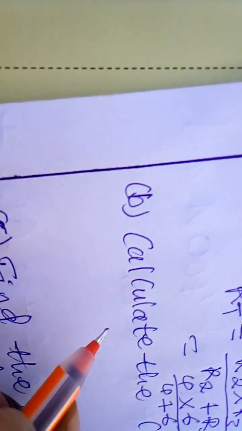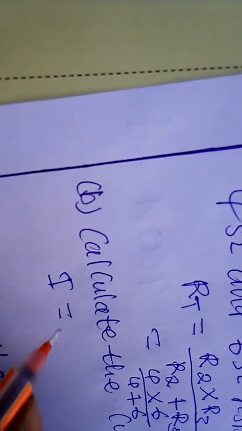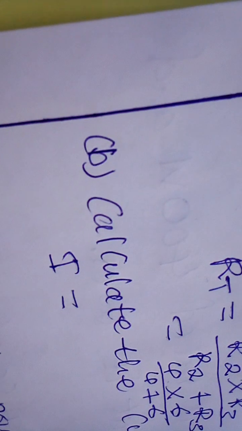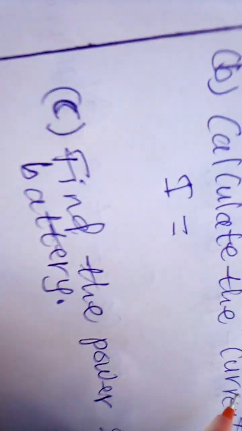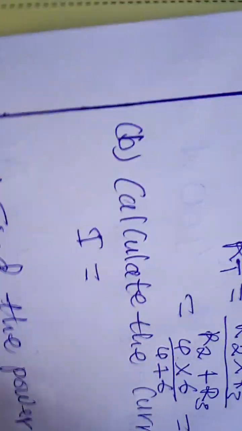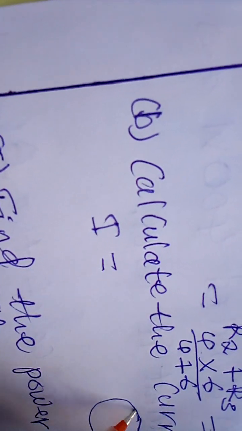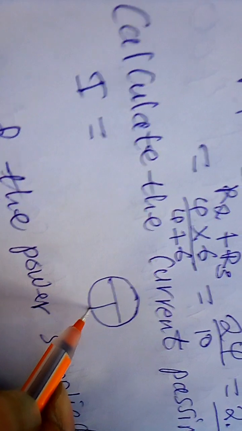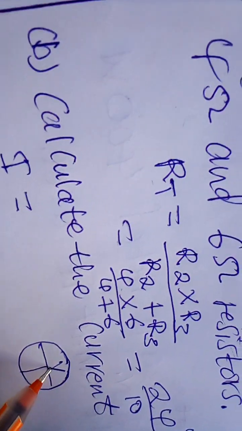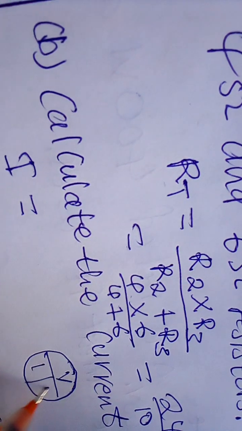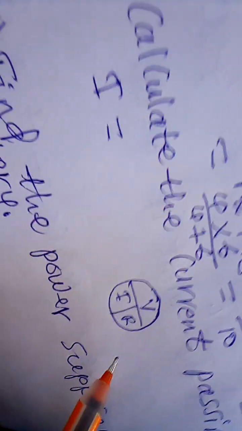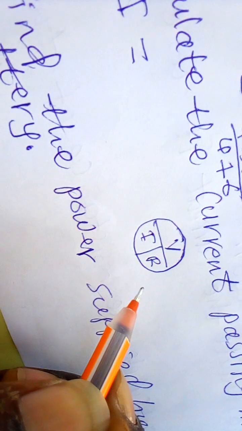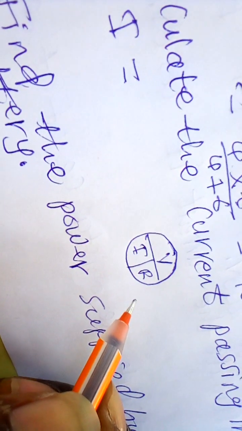Remember, we have this diagram. Let me write this diagram for you. It's very helpful. Under this small diagram, we have V equals IR.